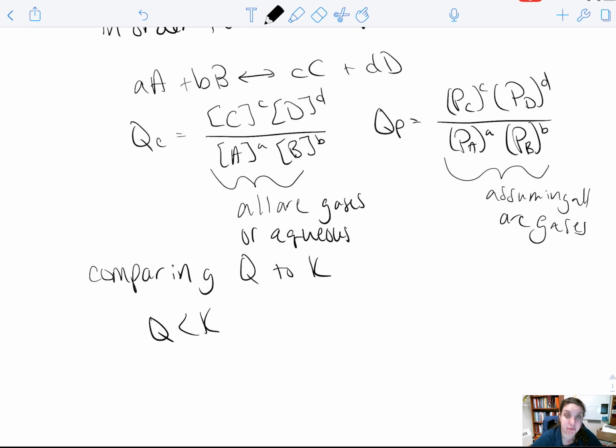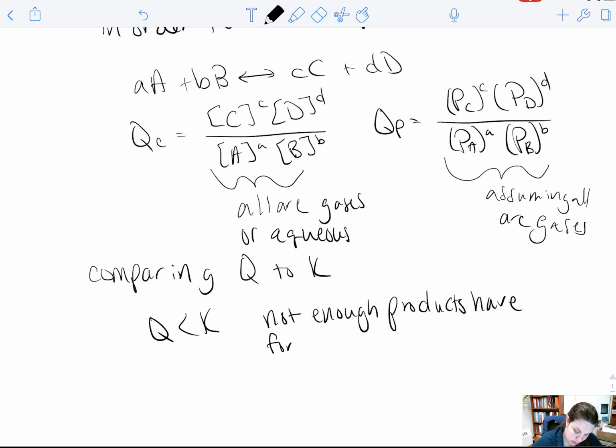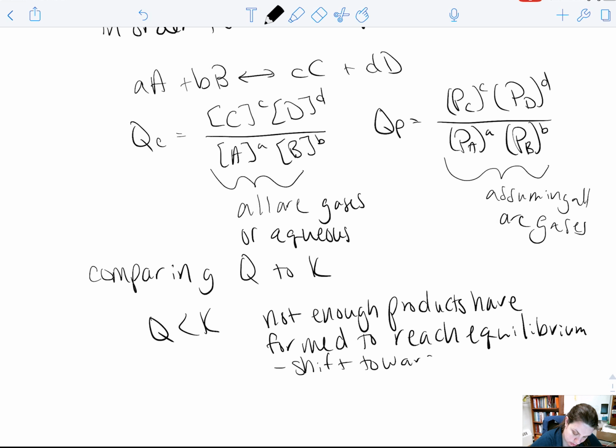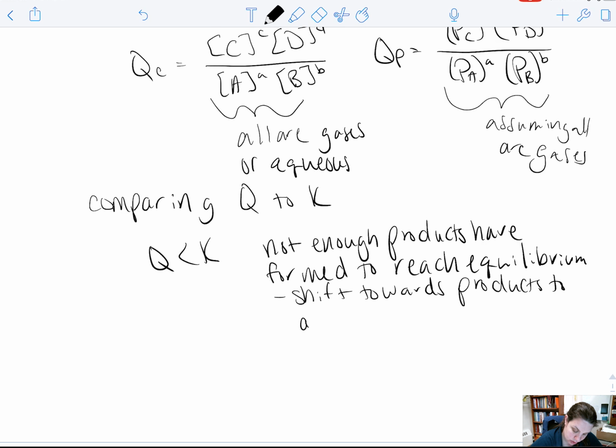that means not enough products have formed yet to reach equilibrium. In order to achieve equilibrium, we need to shift towards products. Okay.